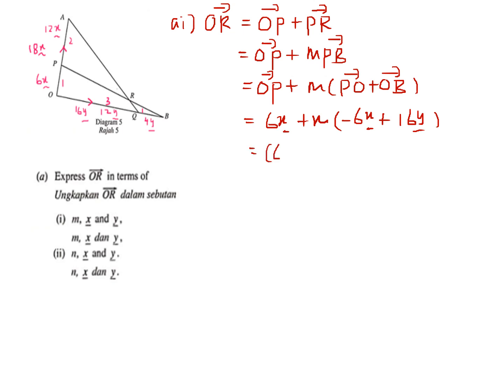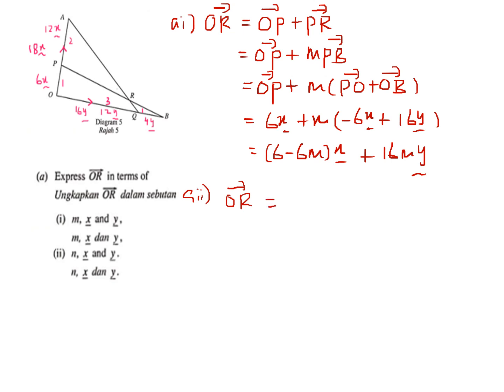Simplify the terms. We have 6 minus 6m vector x plus 16m vector y. A2. Express OR in terms of n, vector x and vector y.